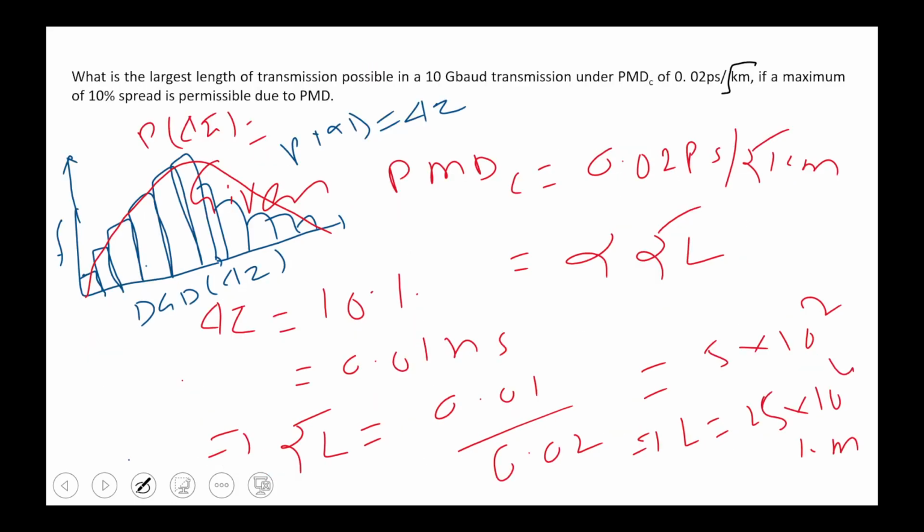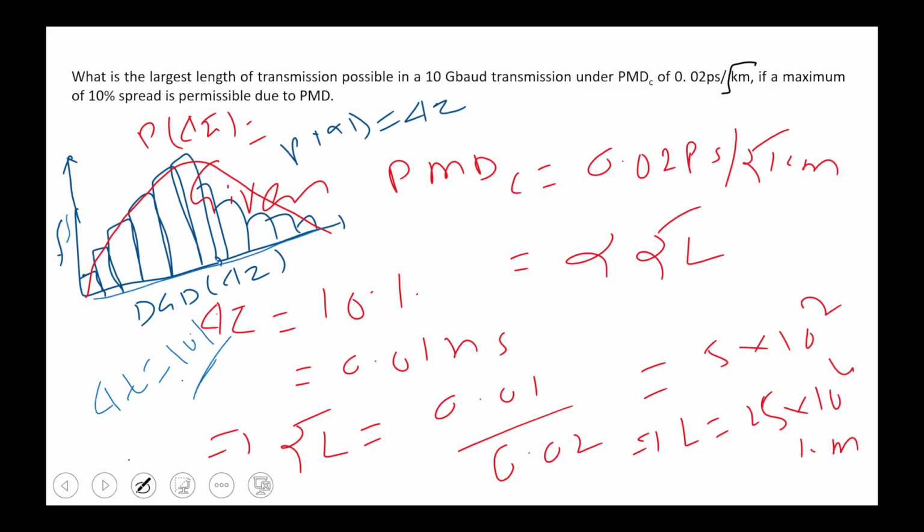What is the largest length of transmission possible at 10 gigabits per second under PMD, with a polarization mode dispersion of 0.2 picoseconds per root kilometer, if a maximum of 10% spreading is permissible due to the PMD? So delta T is given as 10%.